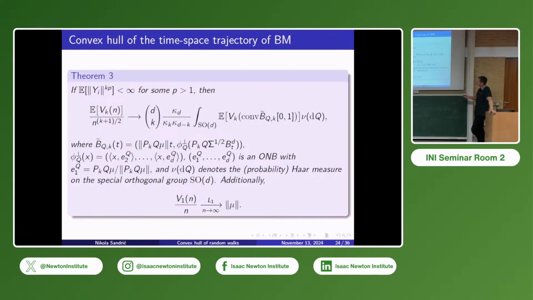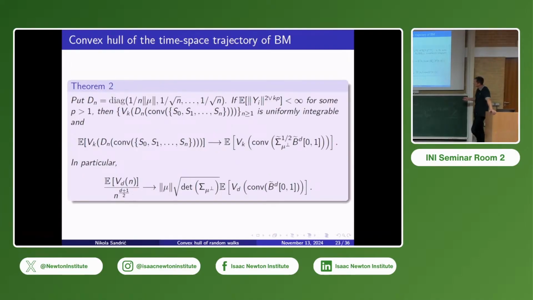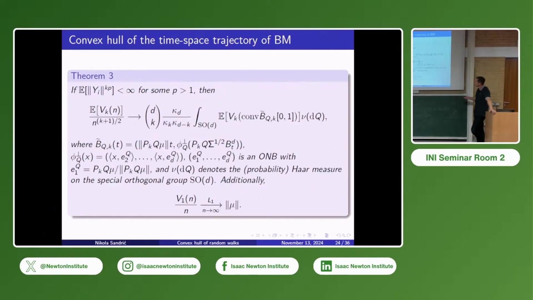So the result is as follows. Given this form, it's not really practical, this integral form. So if one has finite moments of this order, then the appropriate scaling is this one. It's similar to this one, of course, and the limit one gets is this here. Okay, so what do we do here?